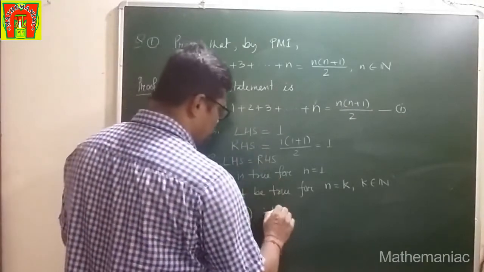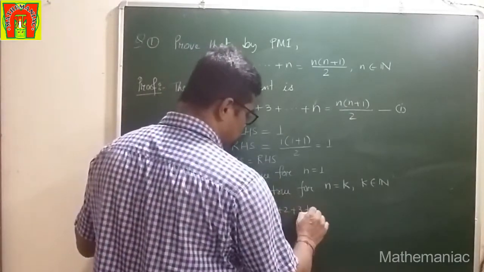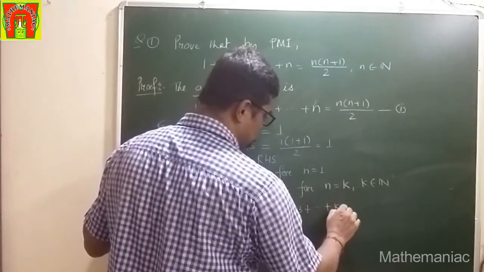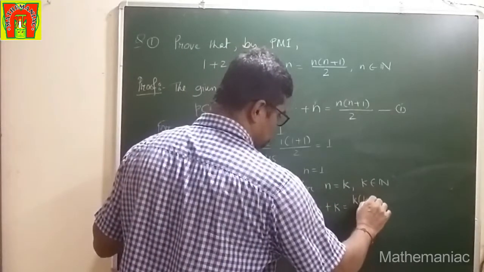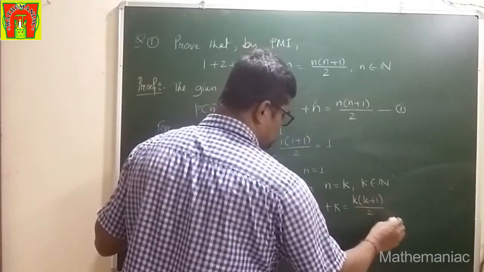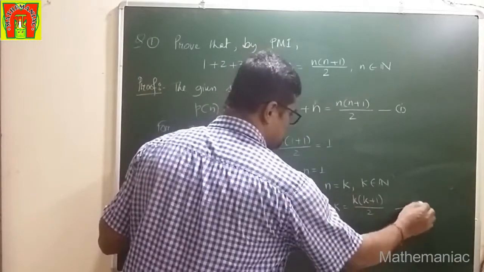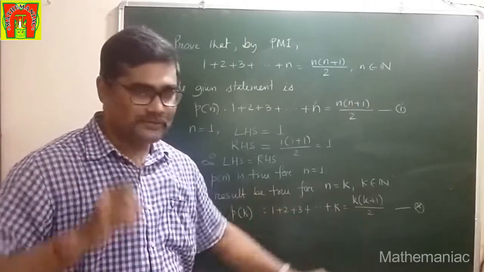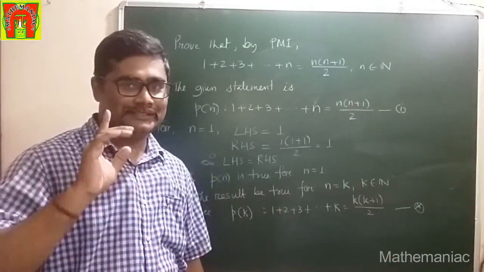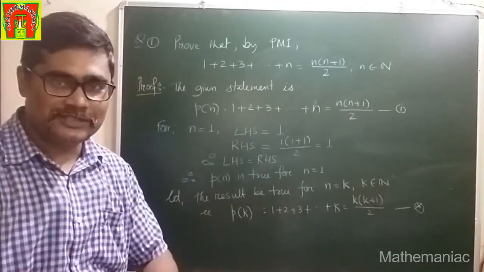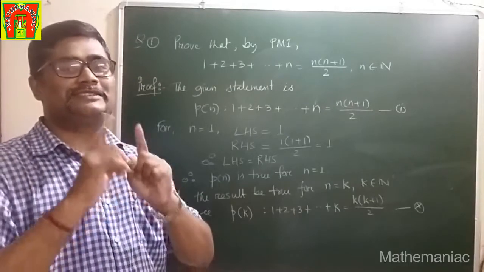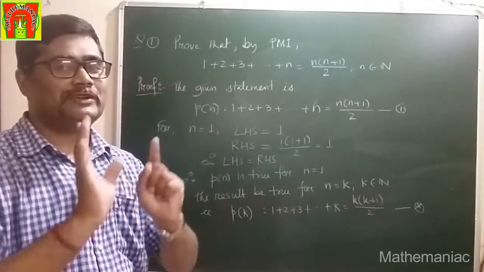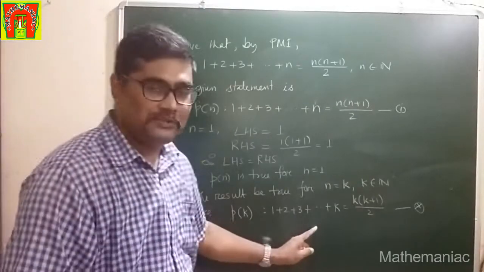So you modify the statement. Okay, this has to be marked. Now remember, this is one of the very important parts. This has to be used in the proof of the result for k plus 1. So it is very important to note.